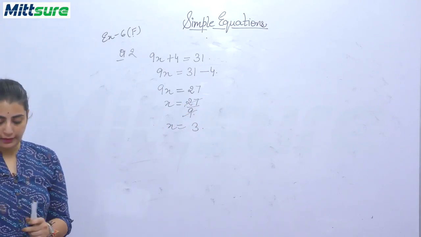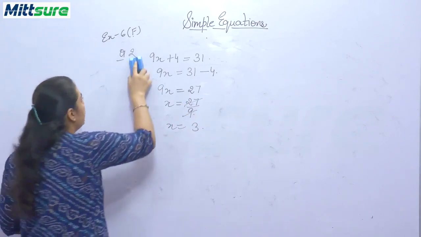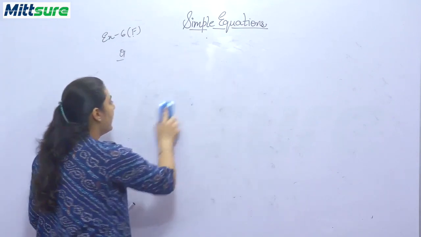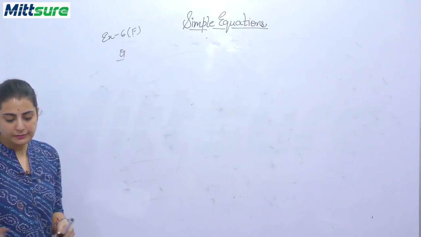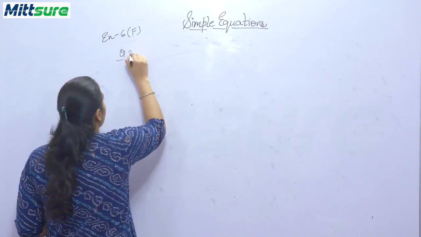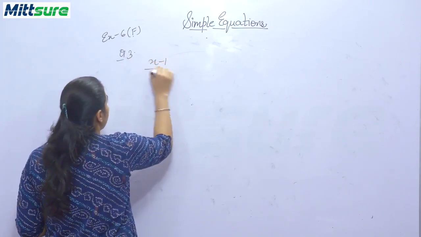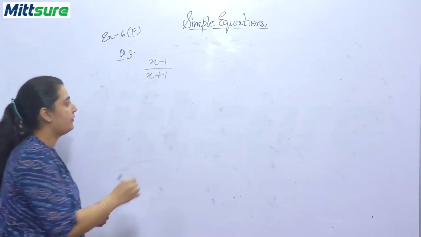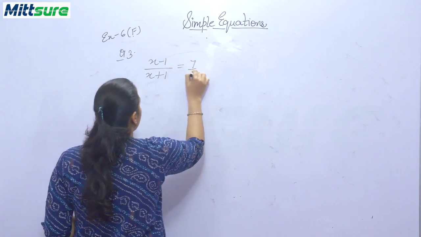Now we will solve another equation in question number 3 and find the solution for that equation. x minus 1 upon x plus 1 equals 7 upon 9, right?